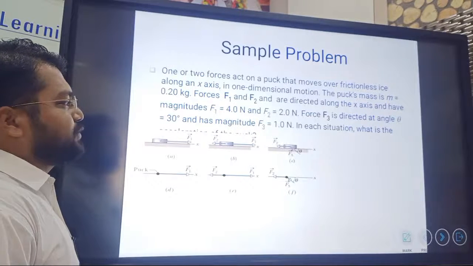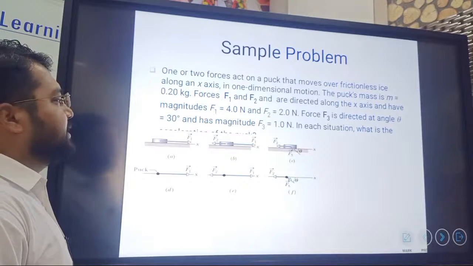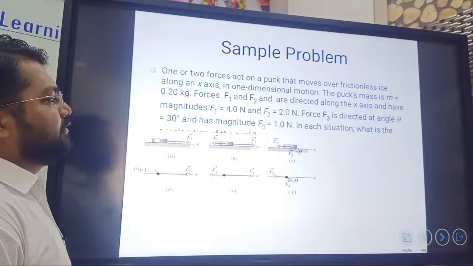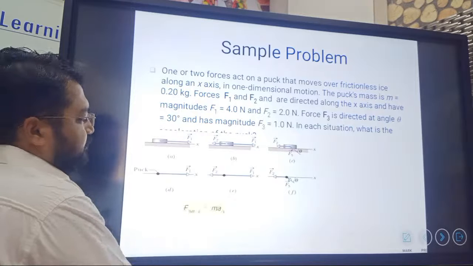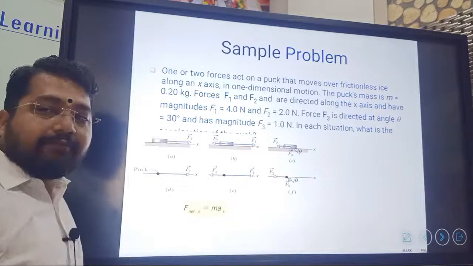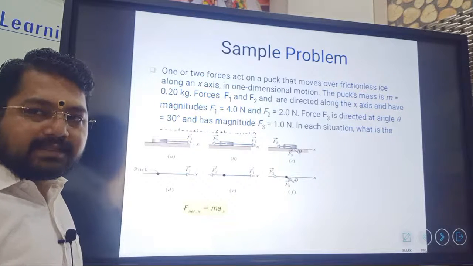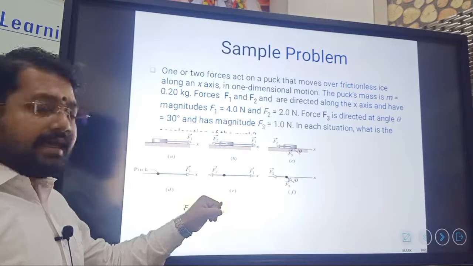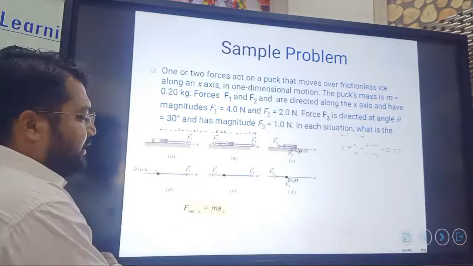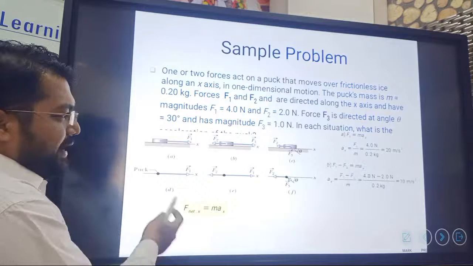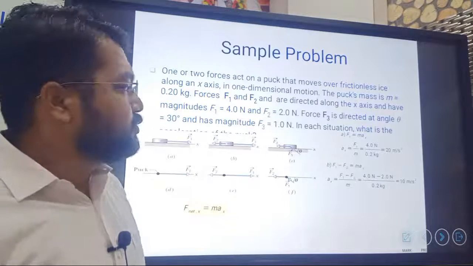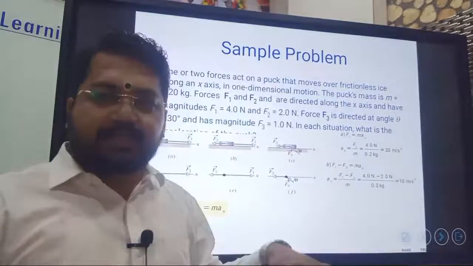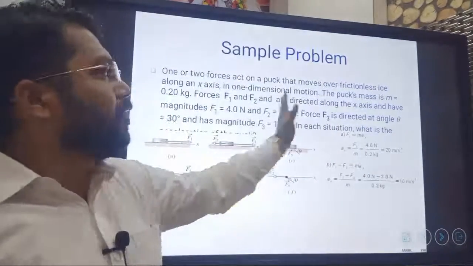So F3 is 1 Newton. In each situation, what is the acceleration of the puck? So we know that F net with respect to x is max and F net with respect to y is may. Here we should have only x, because they are talking only about the horizontal direction.